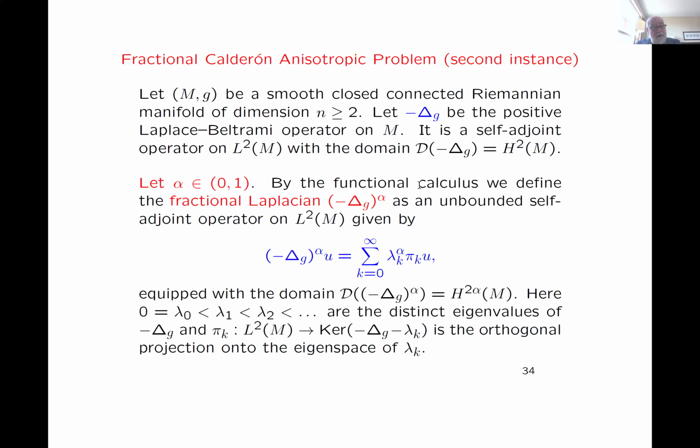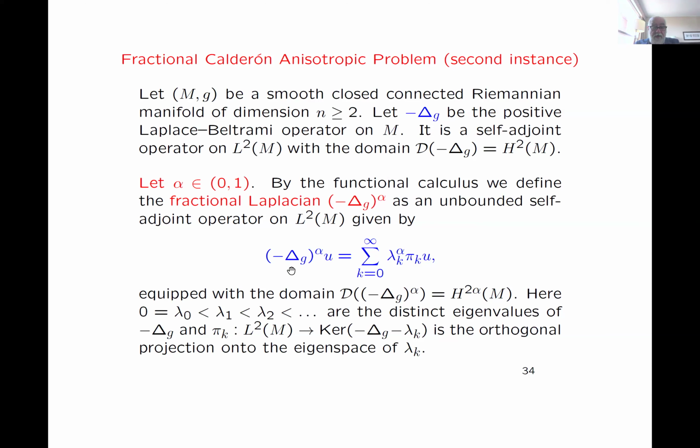leads me into the second instance where we have the anisotropic case, which is the case of manifolds. So now we'll finish with this. You take now a smooth closed manifold, not a manifold with boundary. You take the Laplace-Beltrami operator on M. This is now positive, with the minus sign.